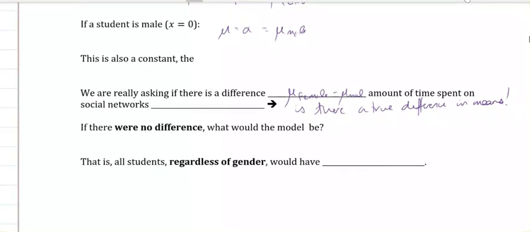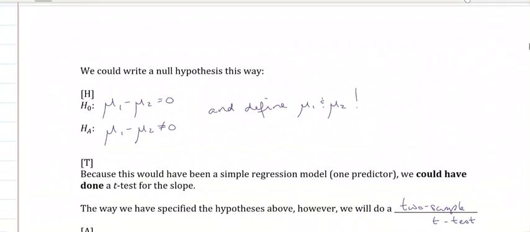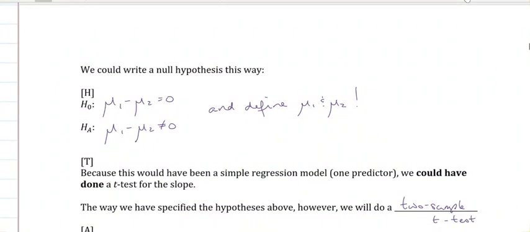If there were no difference, what would the model be? The model would just be mu equals alpha. Beta would be 0. That is, all students, regardless of gender, would have the same mean response. That would just be mu, which would just be alpha. We could write a null hypothesis, therefore, this way. Mu1 minus mu2 equals 0, versus mu1 minus mu2 does not equal 0. And we would define mu1 and mu2.